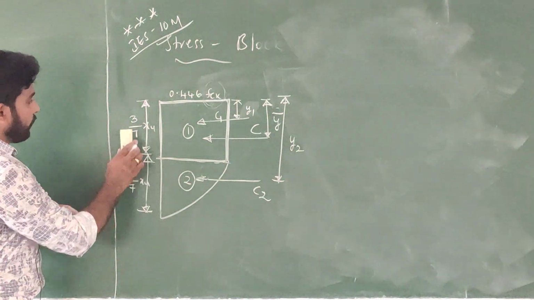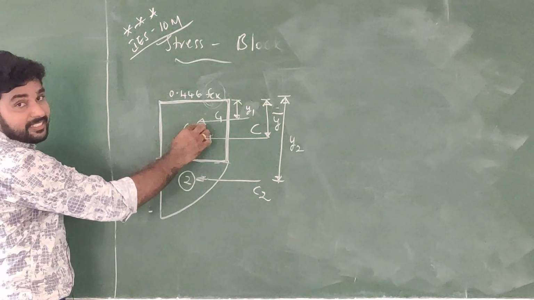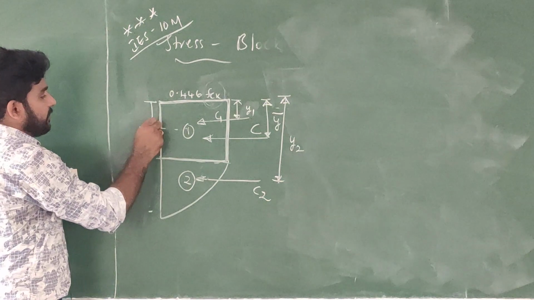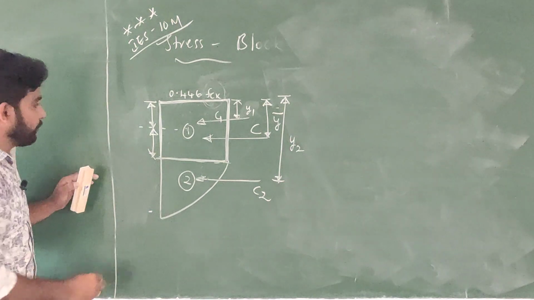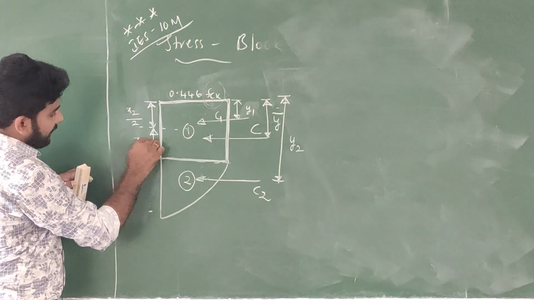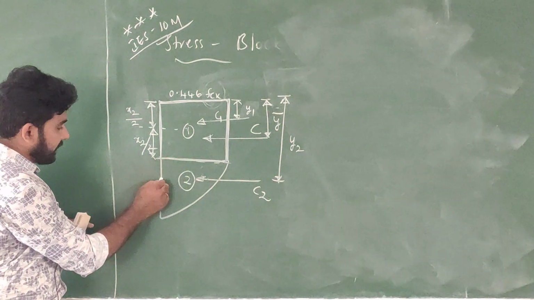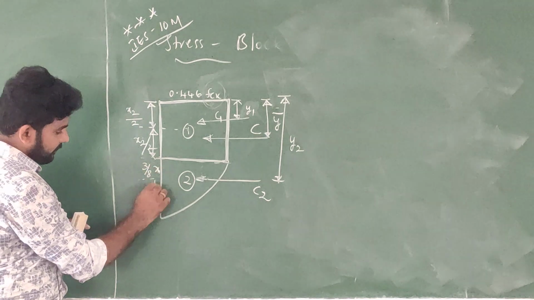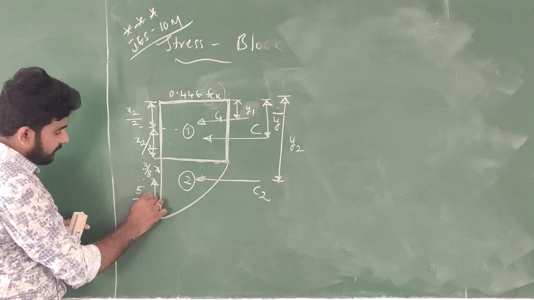Now our dimensions also will change, because this C1 is acting at the center of this rectangle, so this 3/7 xu, or x2, will be divided into x2 by 2. This is also x2 by 2. Coming to this parabola, where will the centroid act? 3/8 times x1, and this portion will be 5/8 times x1.